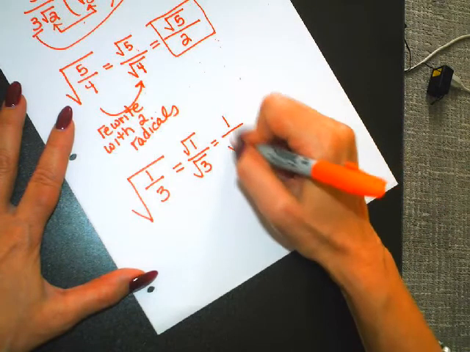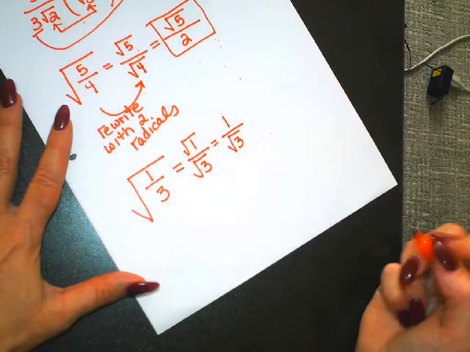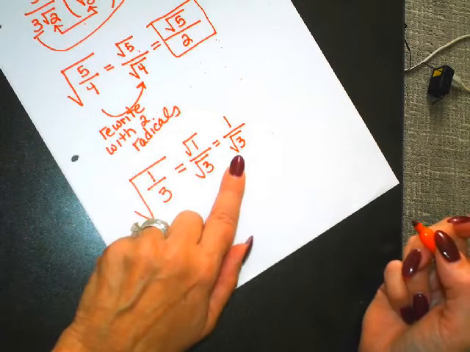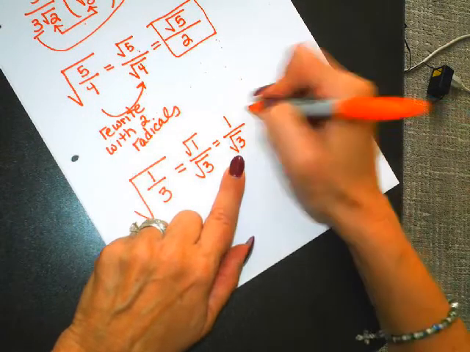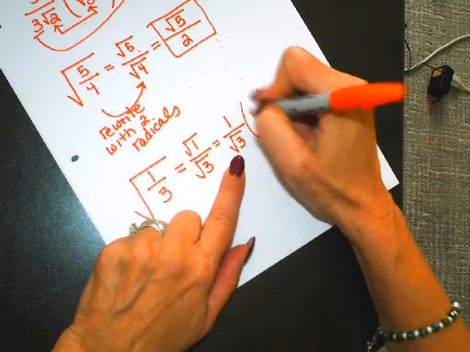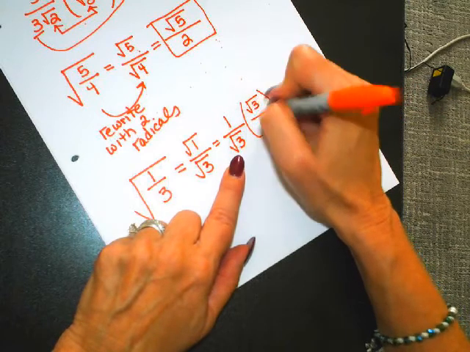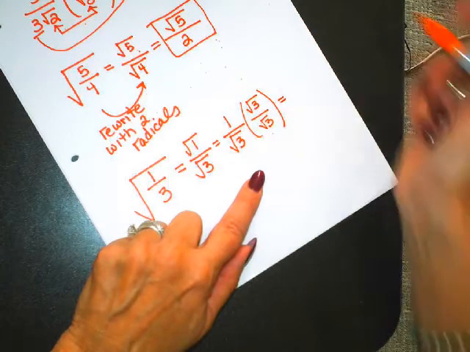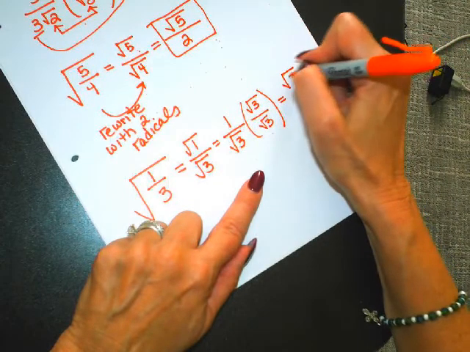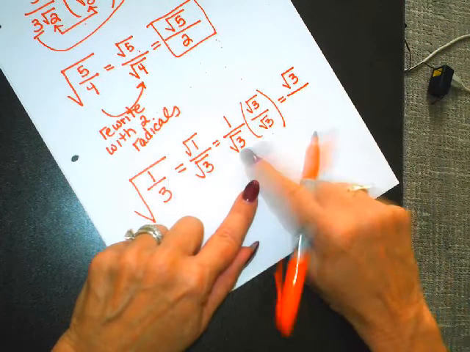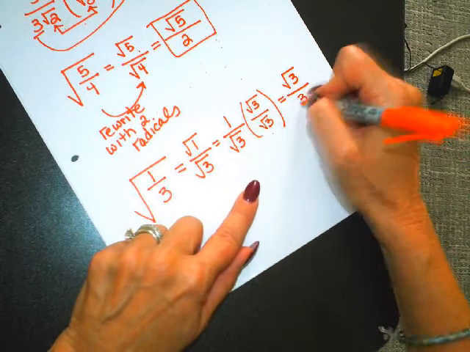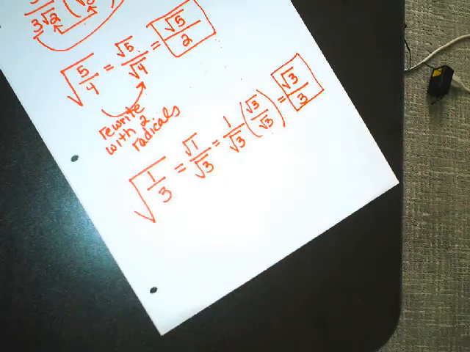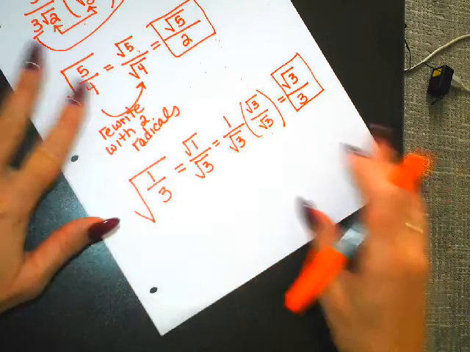If you identify that there's a perfect square there, you might want to take this extra step. But it doesn't matter that it was a perfect square in the numerator. We do not have a perfect square in the denominator, so we are still going to have to rationalize that denominator. 1 times radical 3 is radical 3. And again, this multiplies out and you just get 3. And there is your final answer.